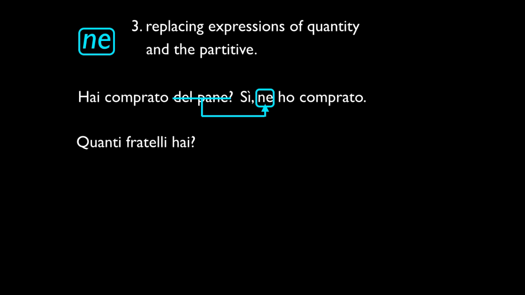Here's a good one. "Quanti fratelli hai?" How many brothers do you have? "Ne ho due." So here you're saying I have two of them. Again, replacing an understood di. How many of them do you have?